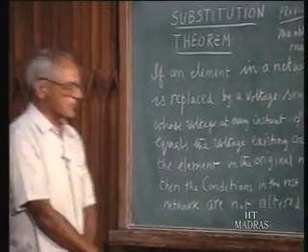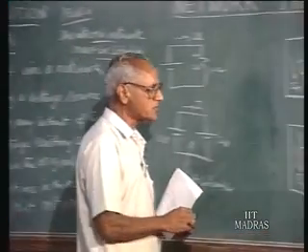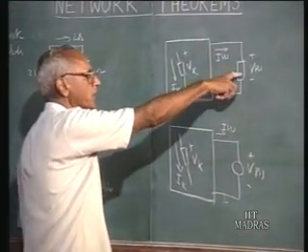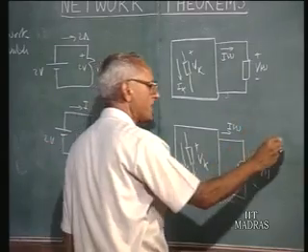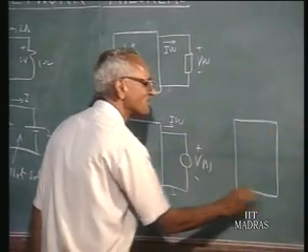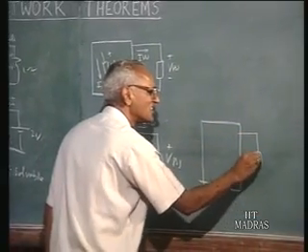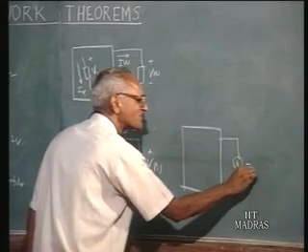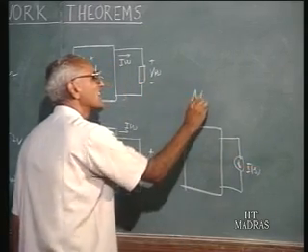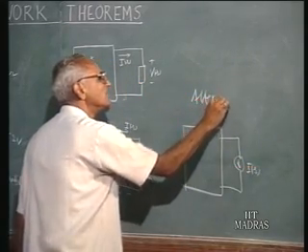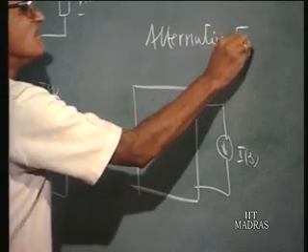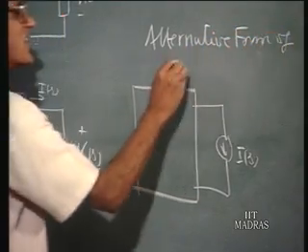As an extension of the substitution theorem, you can also say when a current is flowing through a particular element, you can replace this by an equivalent current source. So you can also have a current source IFS. This is an alternative form of substitution theorem.